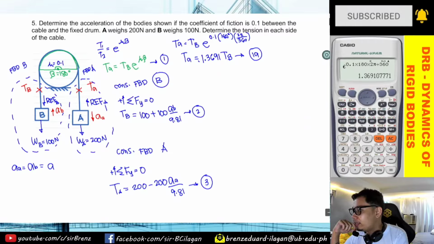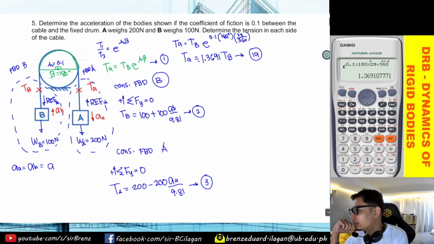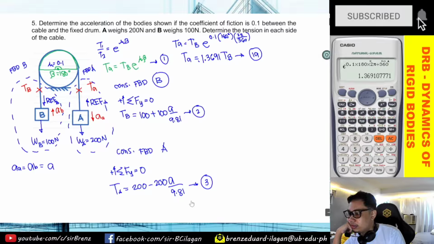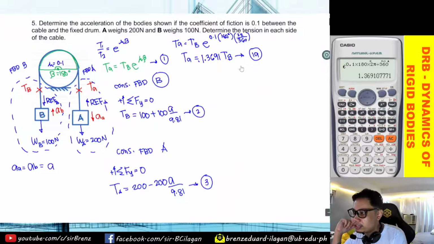So what will happen here in our equation? So tanggalin na lang natin to. Ayan. So kaya ako nasabi na 3 equations, 3 unknowns siya. Or kung gusto nyo, pwede nyo itong pindutin sa calculator.